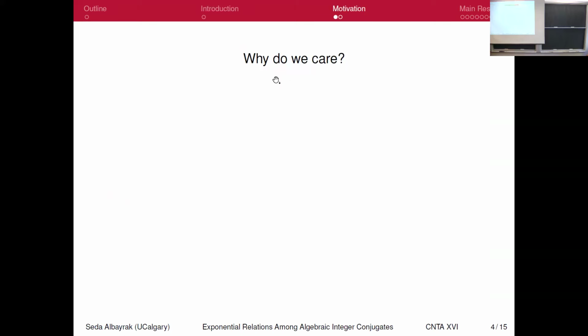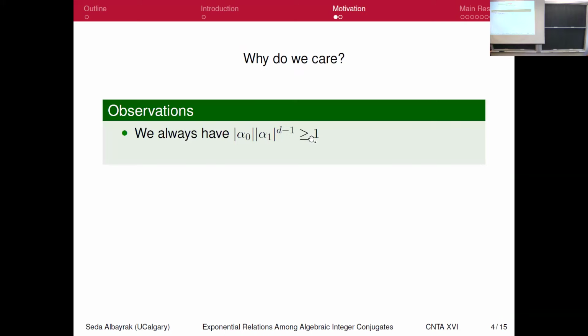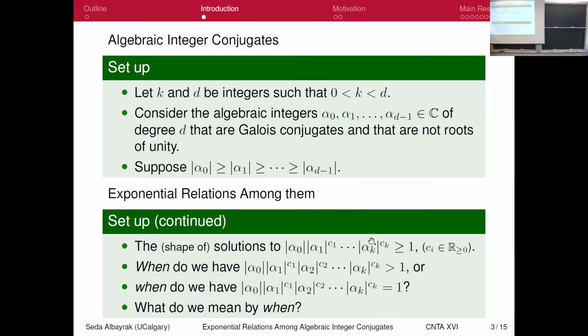Okay, so the question is, why do we care about this? Here I have this inequality, and it goes up to k, and we have so many terms in the product.